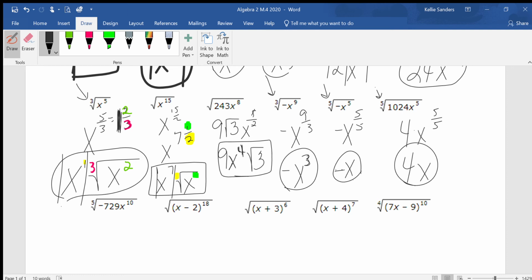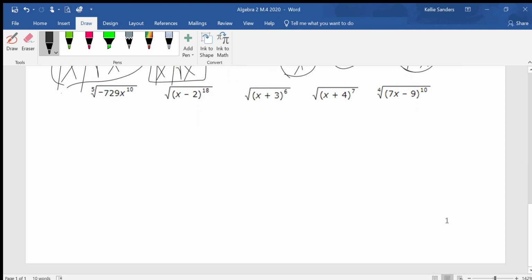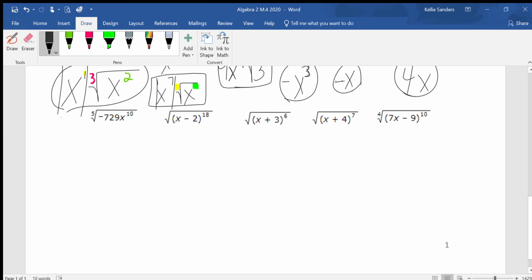Nope. Okay, I'm going to come back to that in just a second. I'm going to need more space, and I don't want to run out of space. I'm going to need all this underneath here. So let me do the easier ones first, and then we'll get to this one.